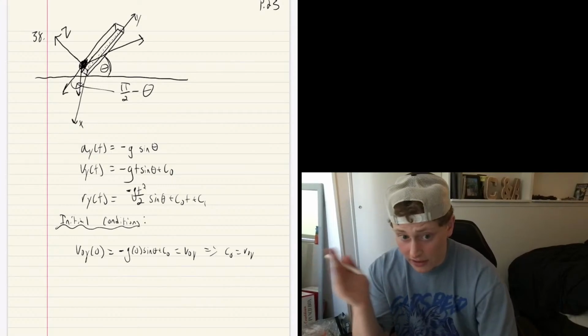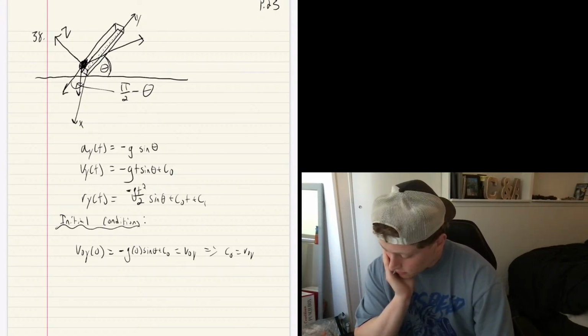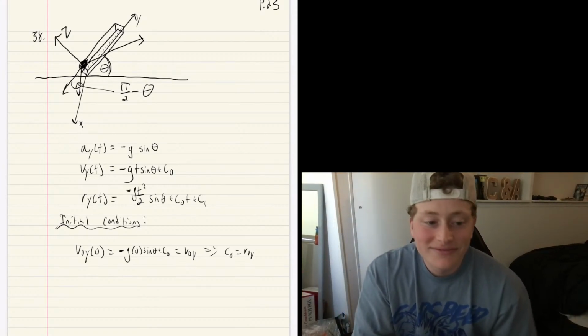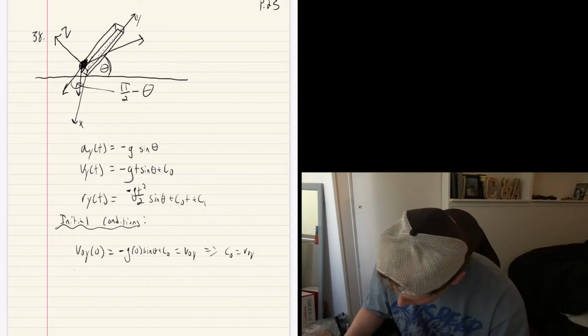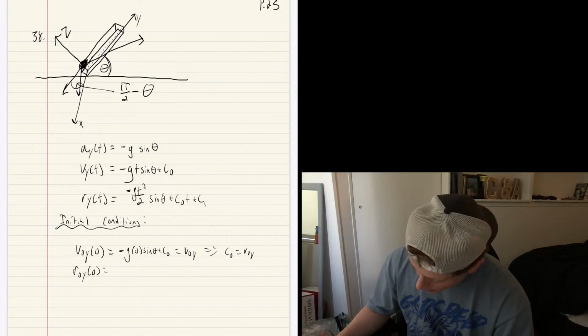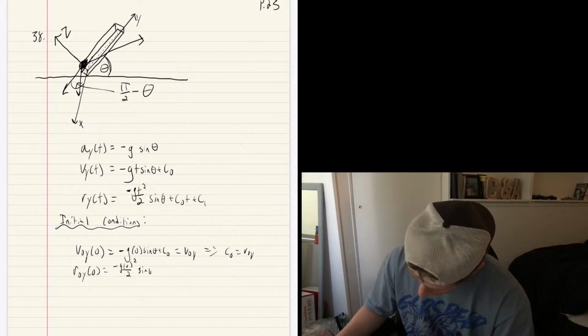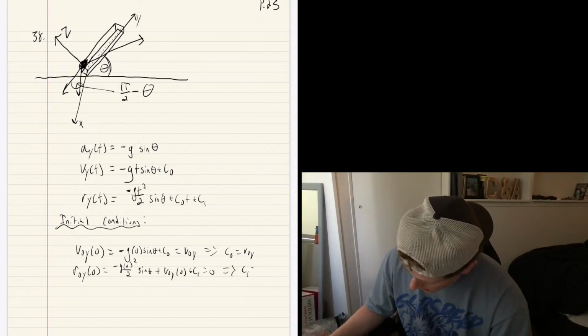I think I'm just having a brain fart right now. Oh, the position is 0. Position is 0 at time 0. Oh my lord. Who would have known? Okay, so negative g times 0 over 2 sine theta squared, technically, plus v0y times 0 plus c1 is equal to 0. So that means that c1 is equal to 0.